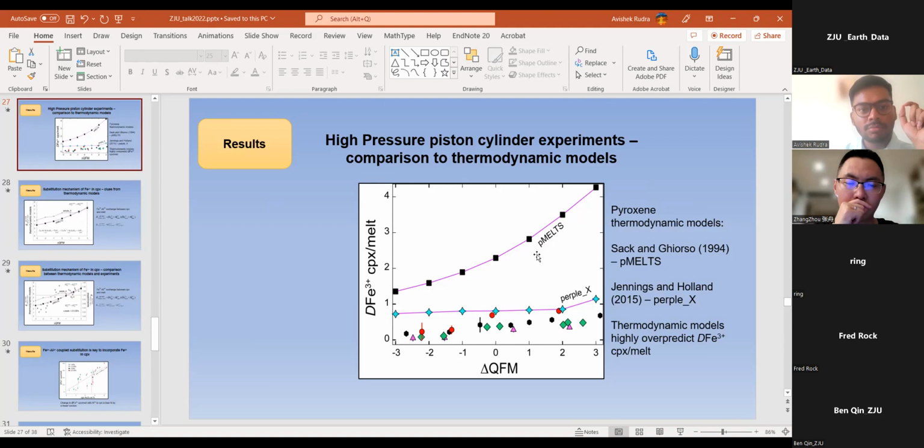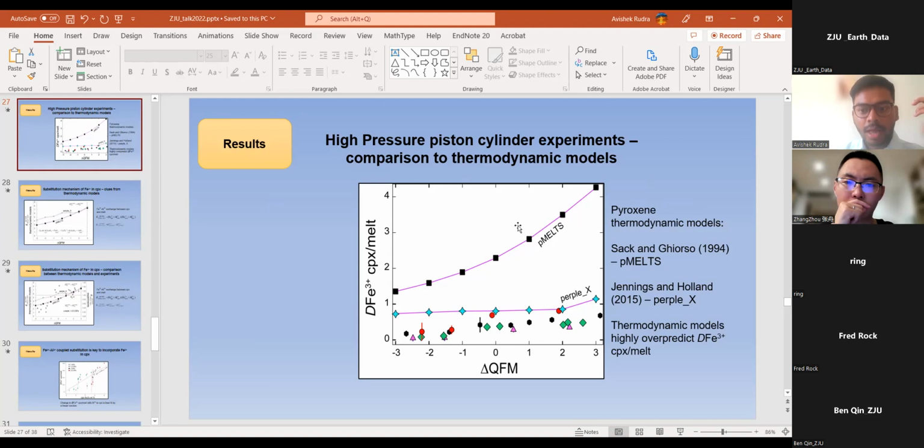Those experiments told us that ferric iron is always compatible in pyroxenes. The partition coefficients from those experiments are always greater than 1.